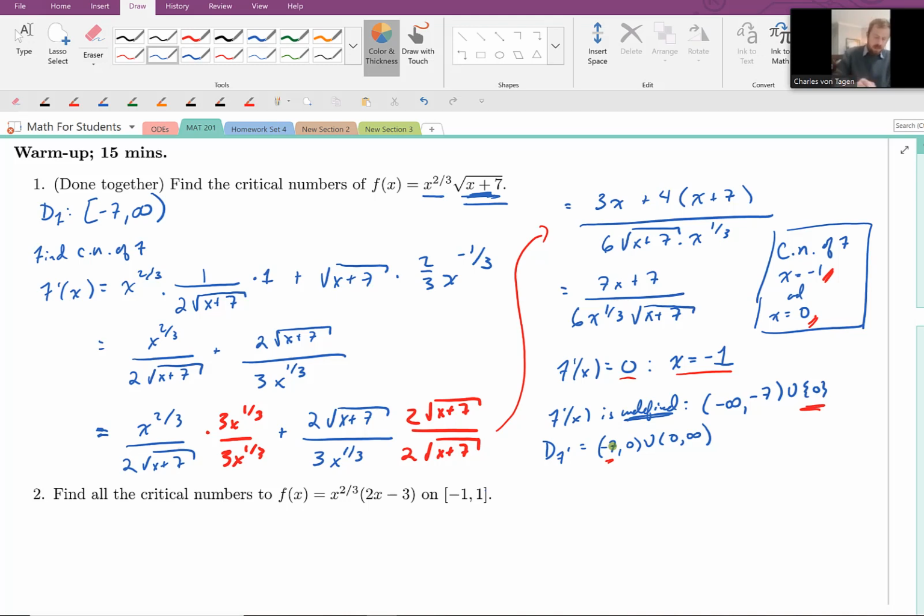Because -7 was a boundary point of the domain of the original function, and even though the derivative is not defined now at that boundary point, since -7 wasn't an interior point to begin with, then we're not going to call it a critical number. And so the only critical numbers of the function f are at x equals -1, because that's what makes the derivative 0, or at x equals 0, because that's where the derivative is undefined.